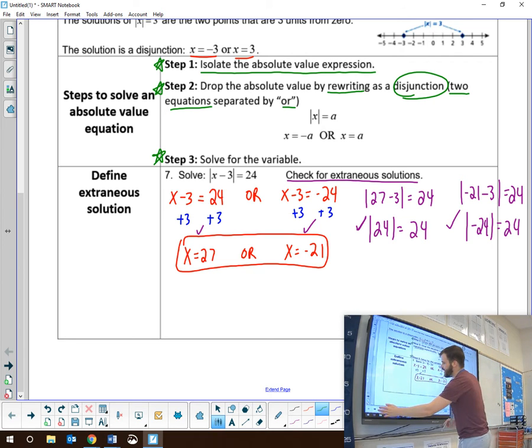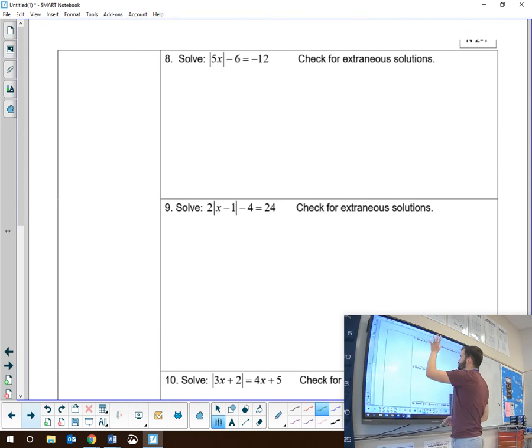So let's jump to the back, and let's do one where I actually have to solve for my absolute value first. You'll notice this absolute value on number 8 is not by itself. So I'm going to have to get that absolute value by itself first. And to do that, I'm going to need to add 6 to both sides.